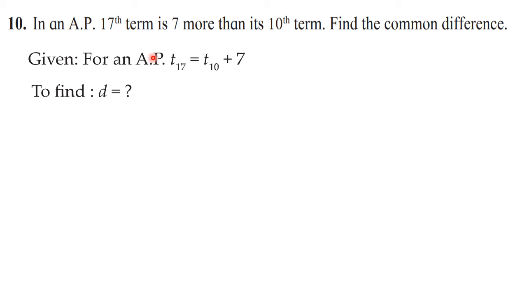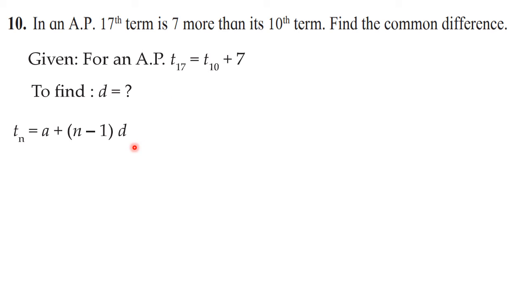Now always we have to use what is given to us. So here what you can find is T17 and T10 is given. So it is very clear that we have to start with the formula of Tn. So write down the formula of Tn as the very first step. That Tn is equal to A plus (n minus 1) D. Okay.